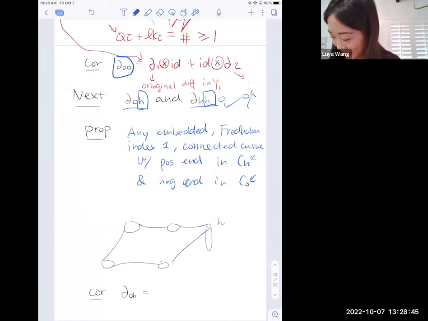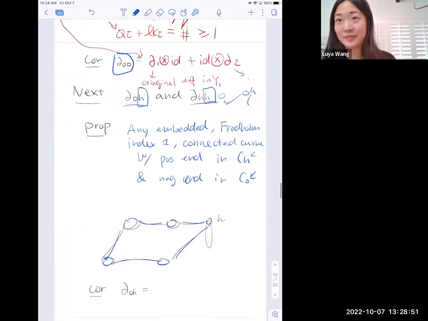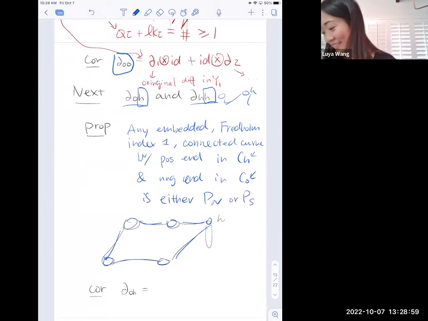So any curve that looks like this is either the northern hemisphere plane or the southern hemisphere plane.